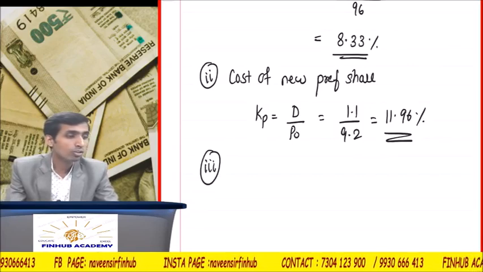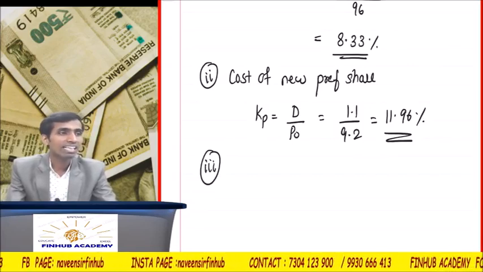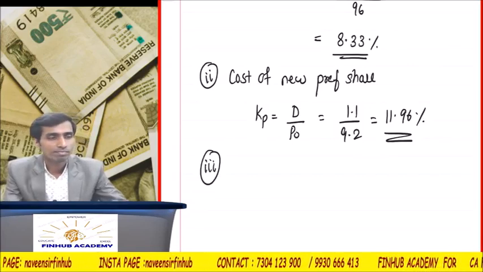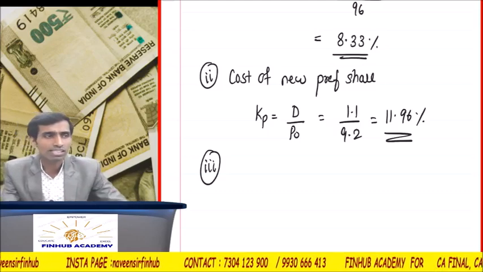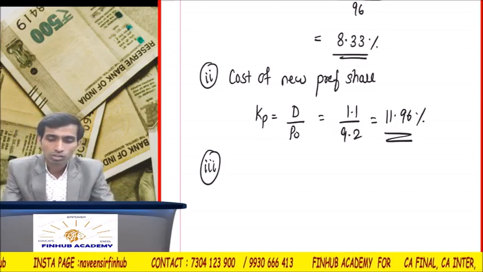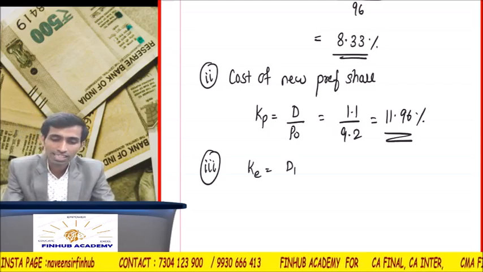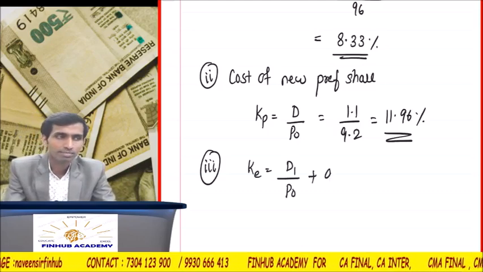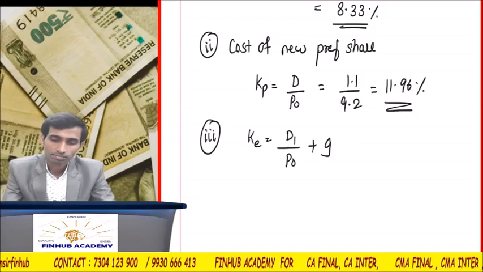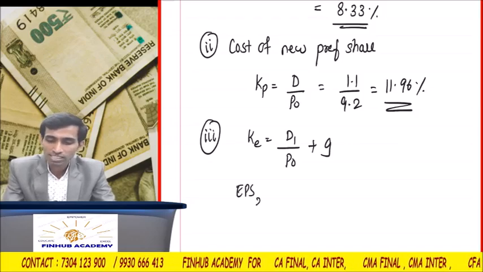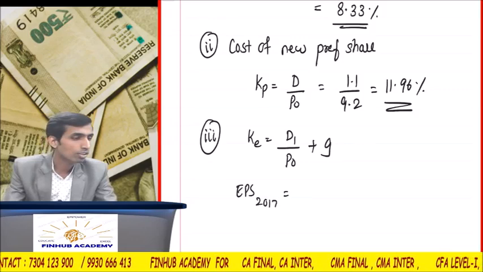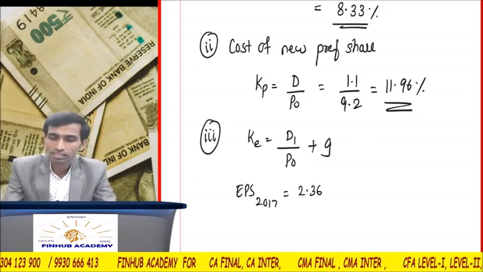New equity shares. Assuming new equity from retained earning. Okay. That is the growth you have to consider. That is the meaning of that. Okay. So KE is equal to D1 upon P0 plus g. EPS of 2017 was how much? 2.36.